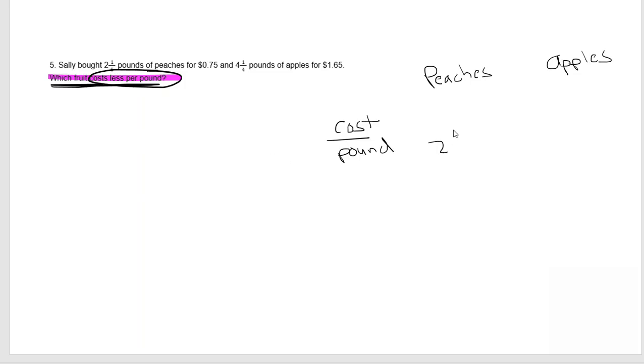So for 2 1/2 pounds of peaches, it is 75 cents. So if I take 0.75 and I divide by 2 1/2, I get 0.3409. And remember that money always rounds to the hundredths. So the peaches are going to be 34 cents per pound.